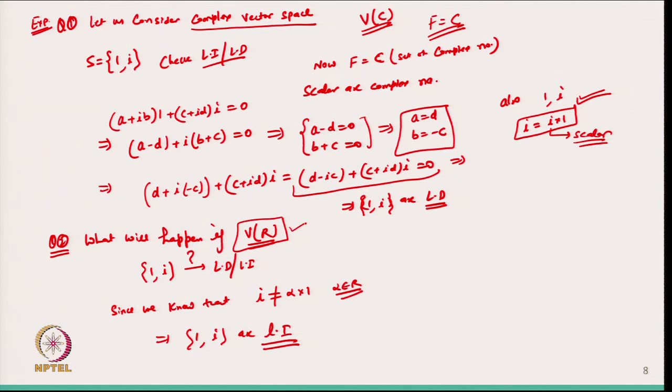Here the scalar field is the real numbers, then they become LI, and if you take the vector space over the complex numbers, then they are LD. So, this is one example of having the same set of vectors but coming from different vector spaces.